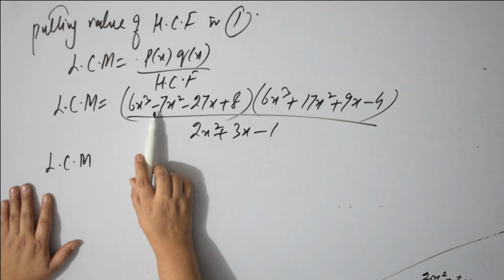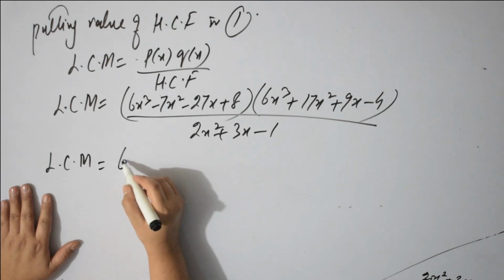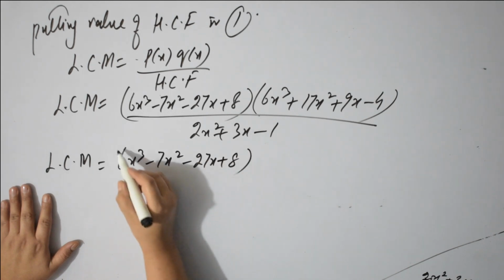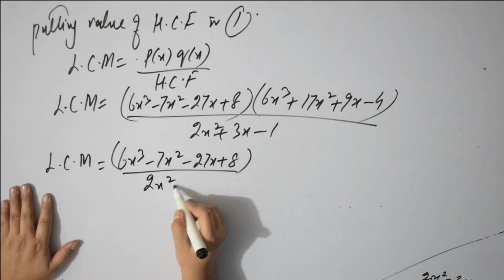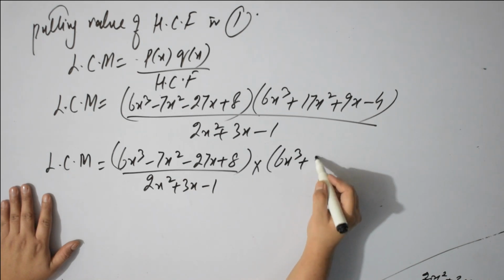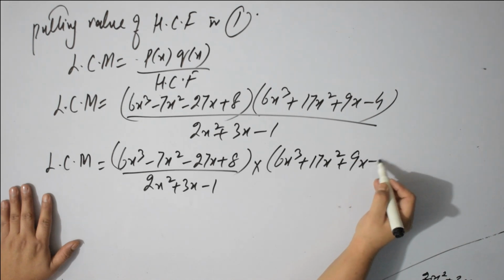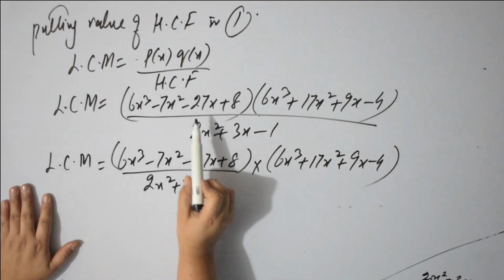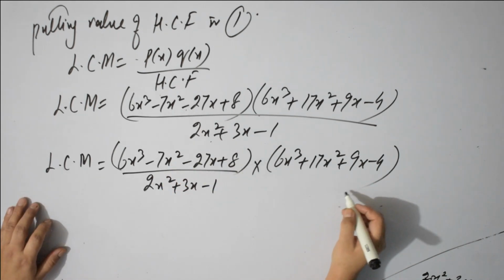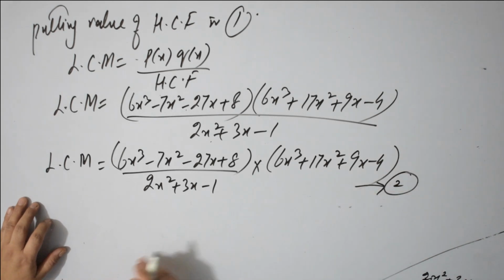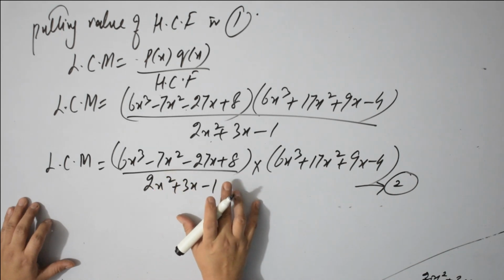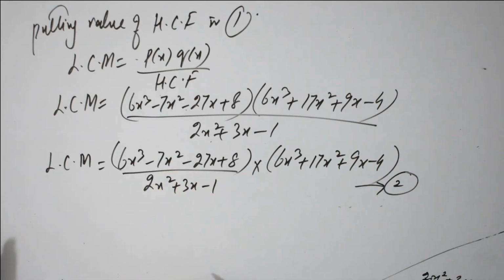I am taking this as a dividend, so I am separately writing it as plus 8 whole divided by 2x square plus 3x minus 1 into 6x cube plus 17x square plus 9x minus 4. Okay students, I am dividing this polynomial with this, and after dividing I am giving it as equation number 2. After dividing or finding the value, I will put that value over here, LCM I will put here, and that will be your answer.